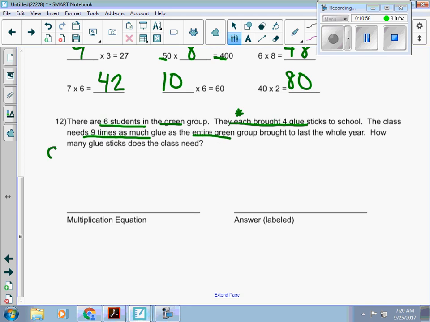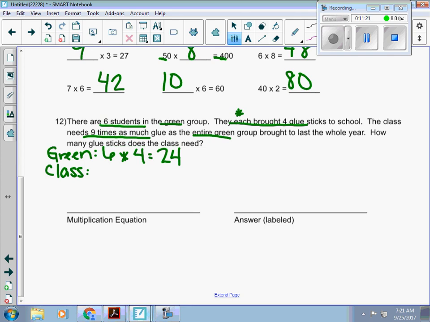So I need to figure out my green group so I can figure out my whole class. Again, for my green group, I had 6 students and they each brought 4 glue sticks. So I'm going to do 6 times 4 is 24 glue sticks.